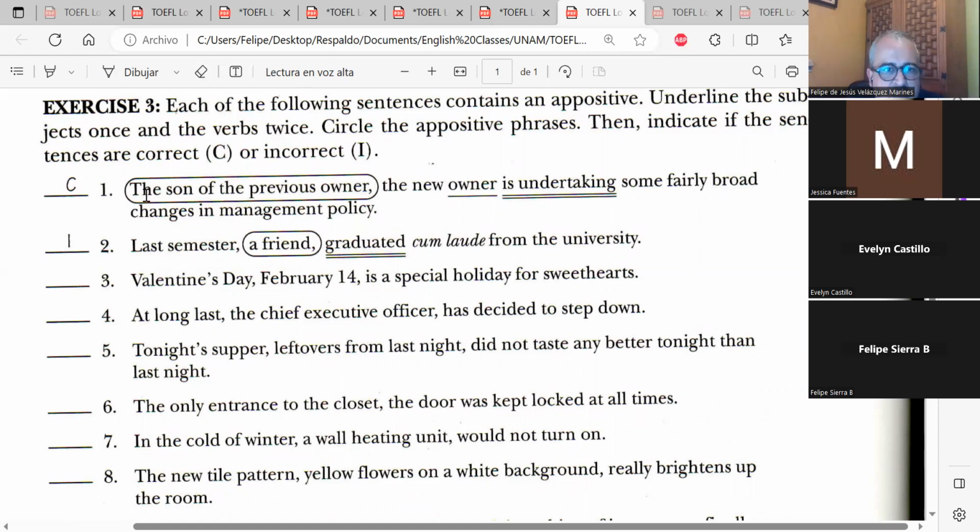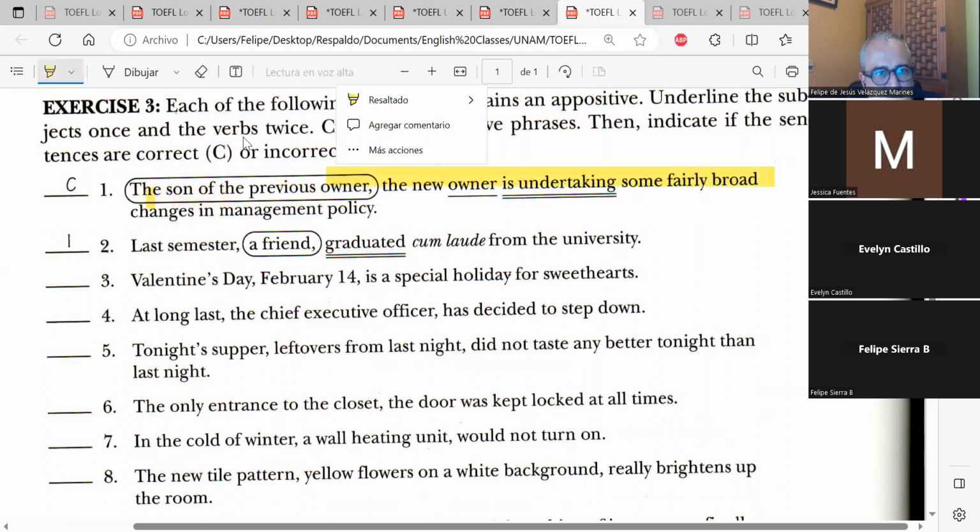Okay, so here, Jessica: the son of the previous owner, the new owner is undertaking some fairly broad changes in management policy. Everything together, the son of the previous owner is the appositive.